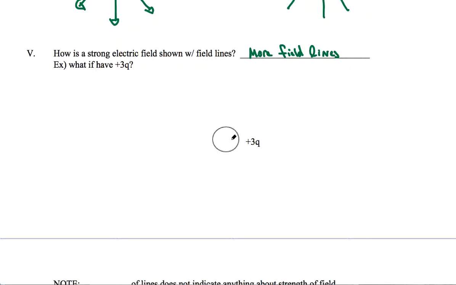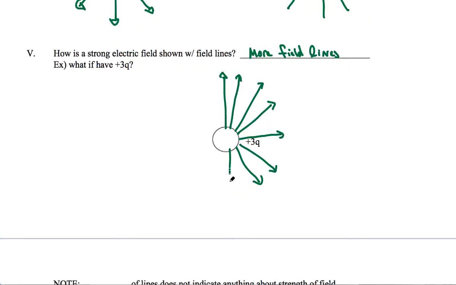It's positive, so the field lines are going to go away. So it's going to have 3 times the field lines.